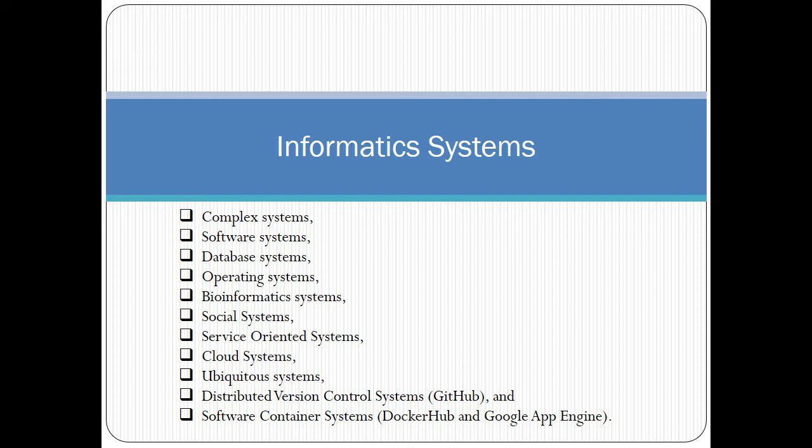These included libraries are the dependencies of your code. The container means your code plus these dependencies, these libraries, together. All these combined together will be said to be a container. We'll see software container systems like Docker Hub or Google App Engine.